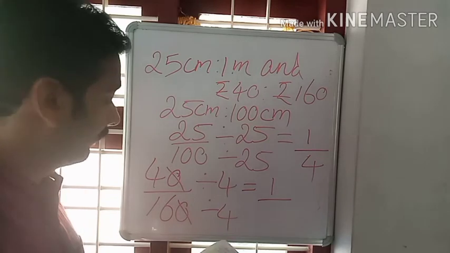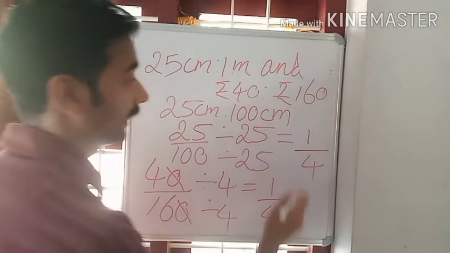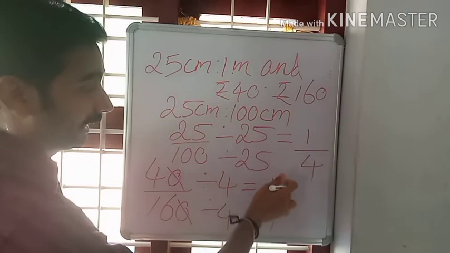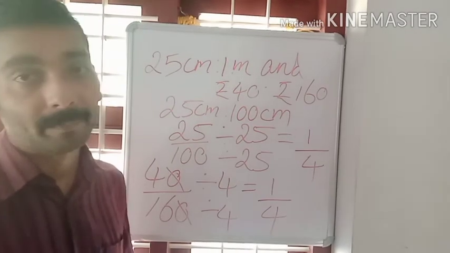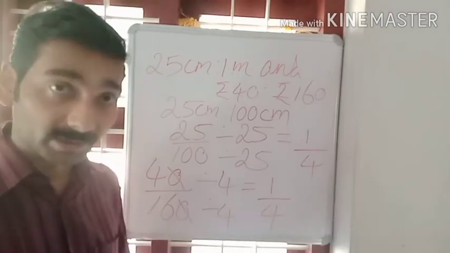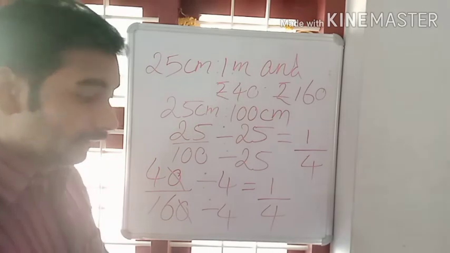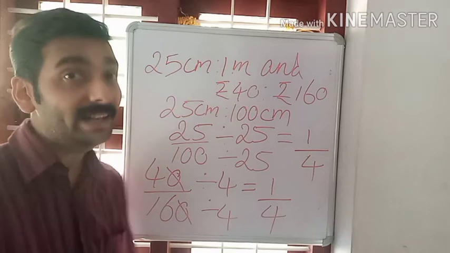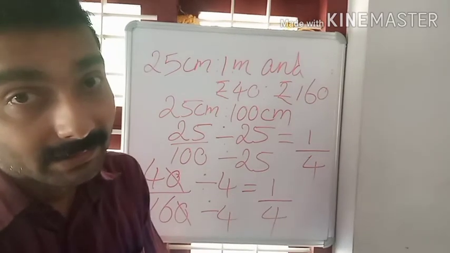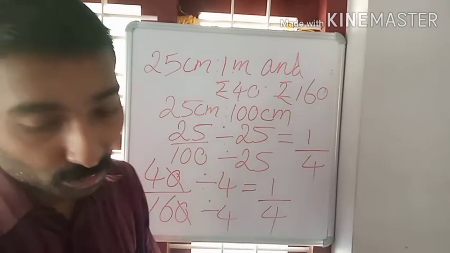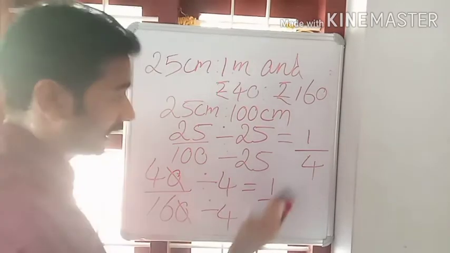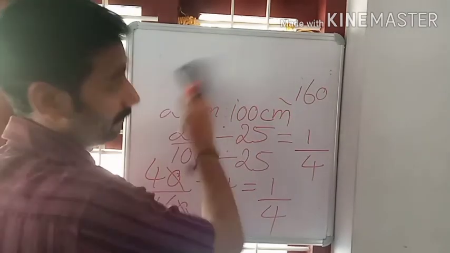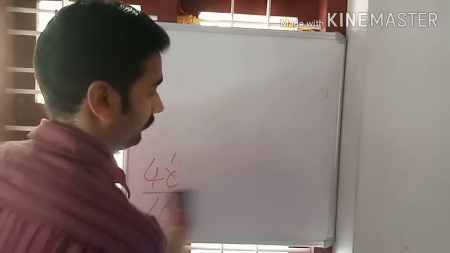That means 1 is to 4 equals 1 is to 4. Both are same. These ratios are equal, so these are in proportion.